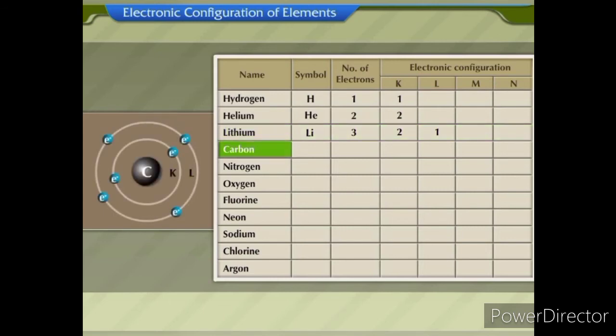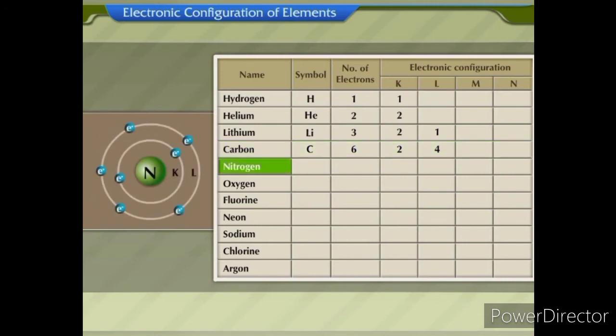Next is carbon. Its symbol is denoted by capital letter C. The number of electrons is 6. Therefore, the electronic configuration is 2, 4. This means that there are 2 electrons in the K shell and 4 electrons in the L shell.